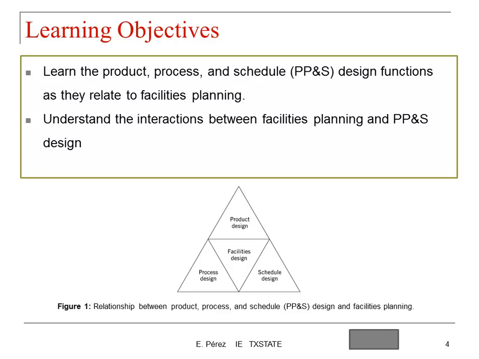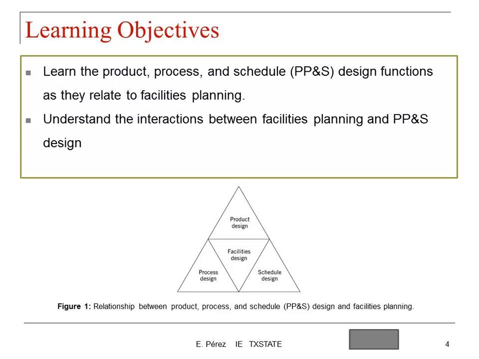So going back to the learning objectives for this lecture, which was the lecture that we started already, the first objective was to learn the product, process, and schedule design functions as they relate to facilities planning. We covered the first 2 already.